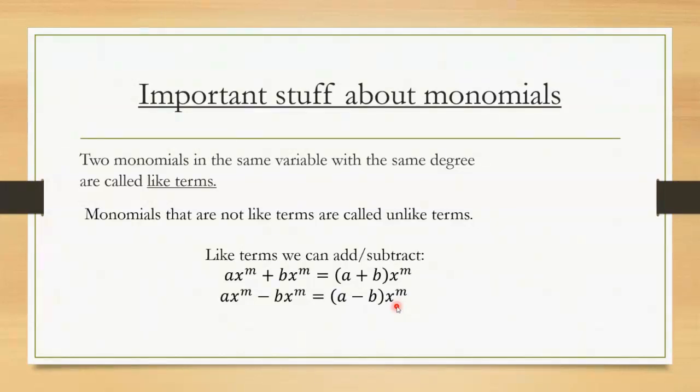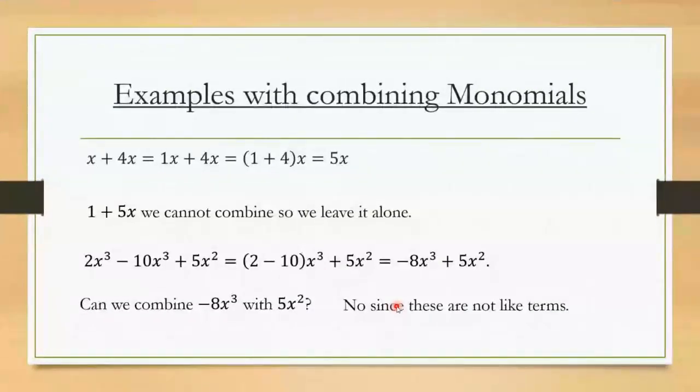Okay, well, let's do some examples. So for instance, if you look at x and 4 times x, well, these are like terms, aren't they? How do we know that? They're in the same variable. The exponent of x, these are the same. They're both 1. So both of these are degree 1.